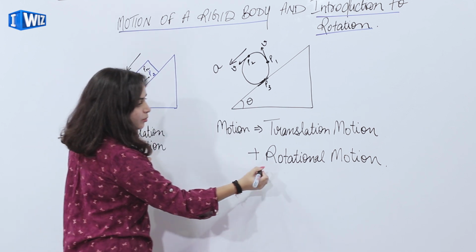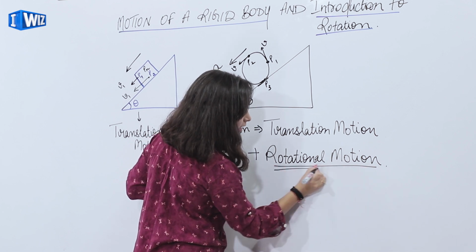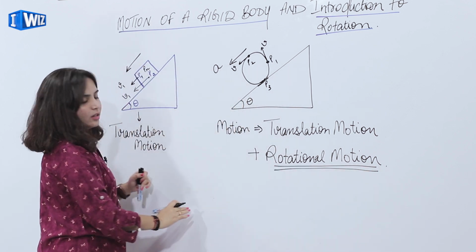So now to define rotational motion, what we'll do is fix the axis of the rigid body.